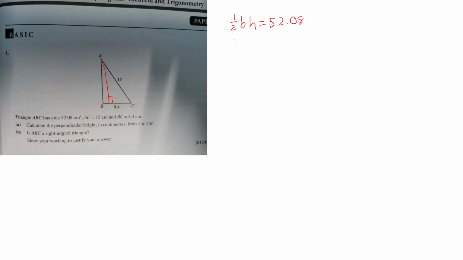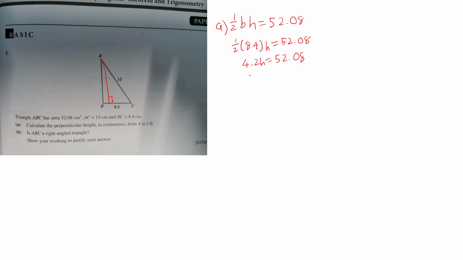So we just write down half times the base, which we know is 8.4. The height is what we are interested in finding. So H is equal to 52.08. Okay, this one is part A. So this will give me 4.2 H is equal to 52.08.